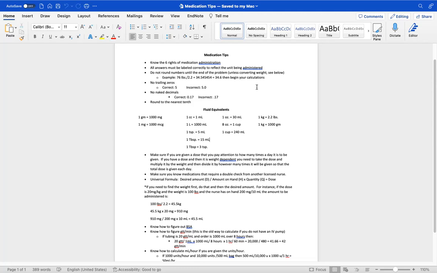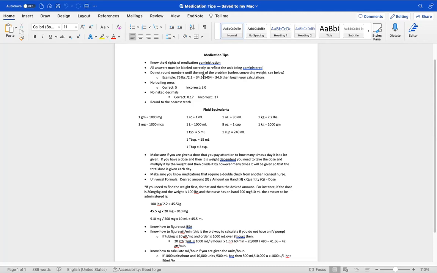This is especially important in your pediatric medication. So the example down here is going to be converting those pounds to kilograms. We can see that that measurement is going to be that 34.54. So then we can go ahead and take that up to 34.6. I usually like to keep it at that decimal, especially when we're dealing with micrograms and things like that.